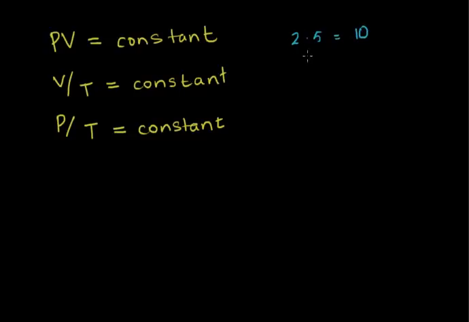What happens if we double the pressure in this sort of random gaseous system? We're going to have a pressure of 4. We still need to have that constant. Remember I told you P times V equals a constant, so this expression is still going to be equal to 10. But we have to change this 5 a little bit, because if we kept it at a constant 5, well, 4 times 5 is 20, and that's not equal to 10.